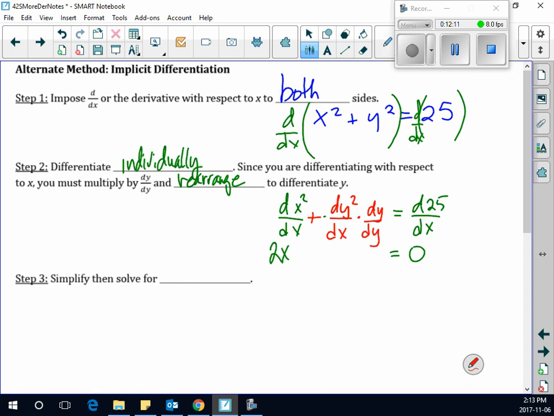dy over dy would cancel, but I don't want it to cancel right now, because the purpose of the dy over dy is so that I can actually find the derivative with respect to y. So instead of canceling this, I am going to rearrange this, because of the nice property of multiplication of fractions.